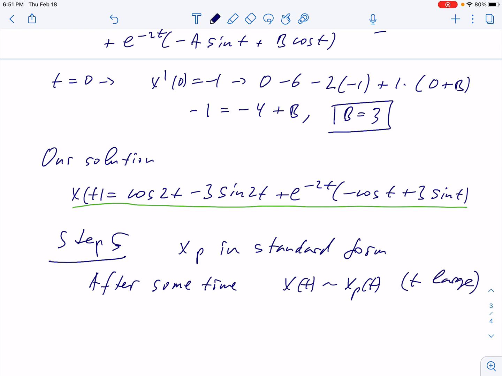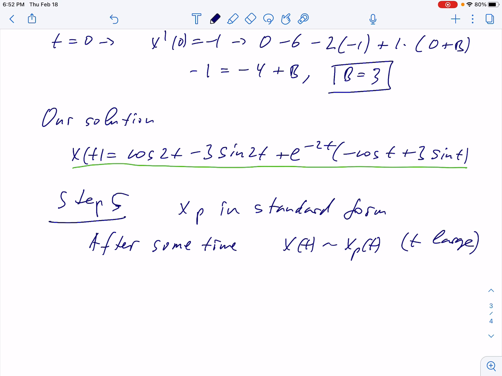So the particular solution is actually ruling the motion, determining the vibrations, and they will be with frequency 2, like the outside force. So that's why the particular solution is very important, and people work with this when they want to study certain vibrations. It's called steady state solution, and the other one, exponential, is called transient because it comes and goes.